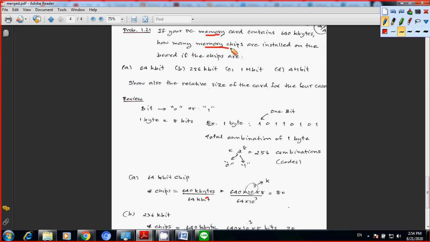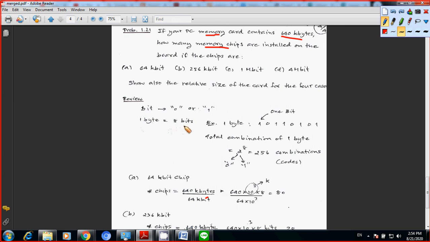Well, just look back at the definition of bit and byte. 1 byte equals 8 bits. Bits for digital logic can be either 0 or 1. So for 1 byte you have 8 bits.